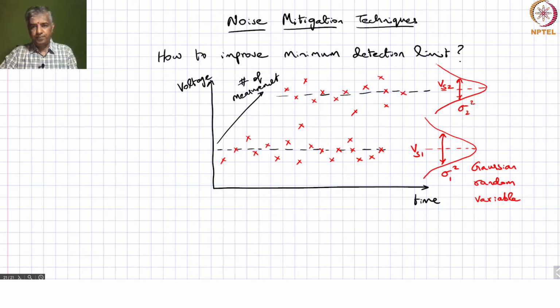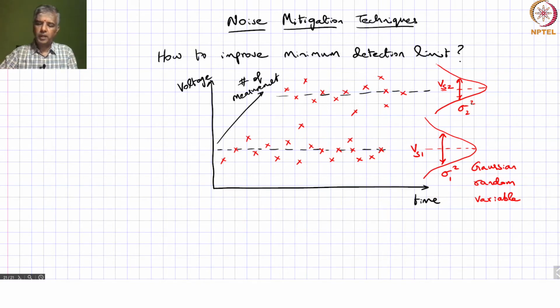And since the noise characteristic is once again this broadband white noise, additive white Gaussian noise is what we are looking at, the noise characteristics don't change over multiple measurements, right?